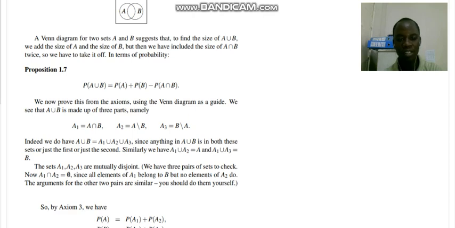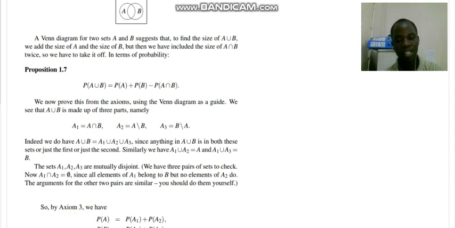We now prove this from the axioms using the Venn diagram as a guide. We see that A union B is made up of three parts. Let A1 equal A intersection B, A2 equal A minus B, and A3 equal B minus A. Indeed, we do have A union B equal to A1 union A2 union A3.